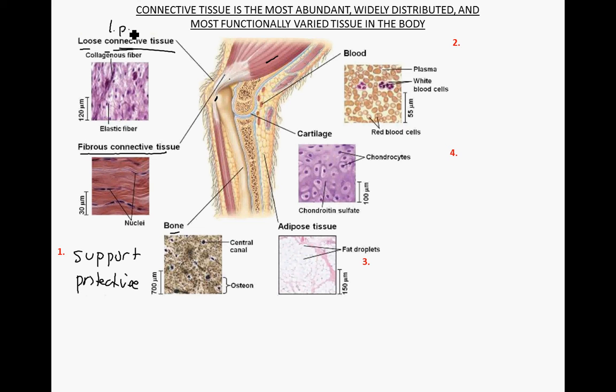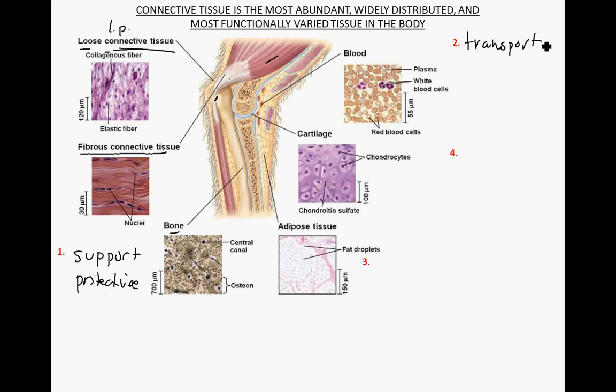And not only are they supportive, protective, and connecting, but they also play roles in transport, right? So blood is a type of connective tissue. And you can think of the term connective here: blood is connected to every other cell in the body. Every cell in the body has got to be in contact with or in very close proximity to blood. So blood is the connector for all the other cells and tissues in the body.